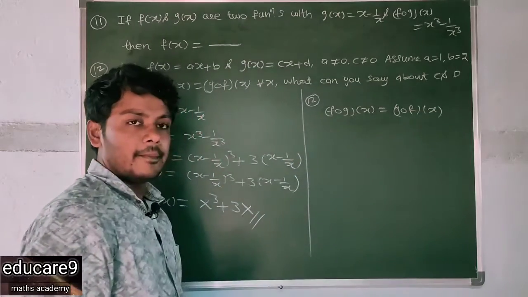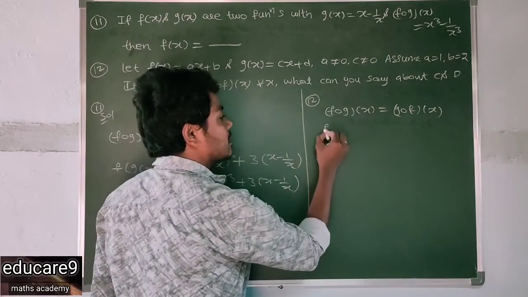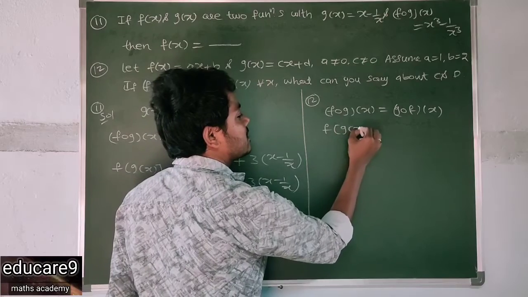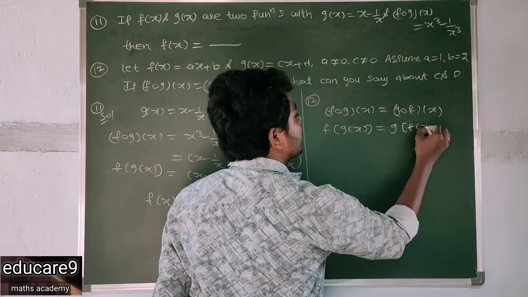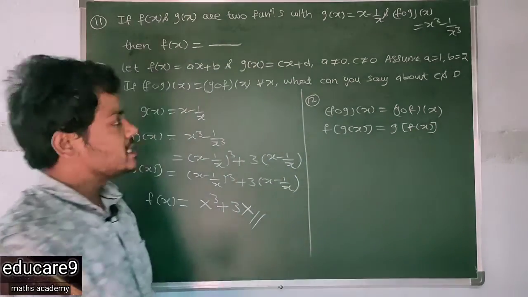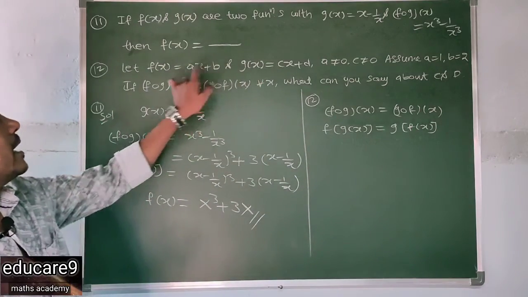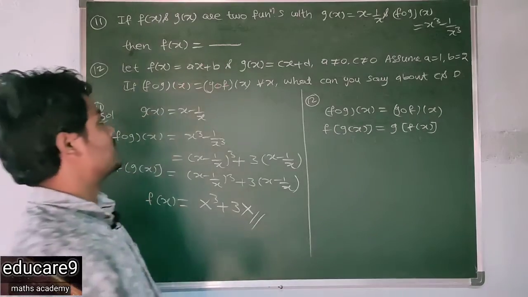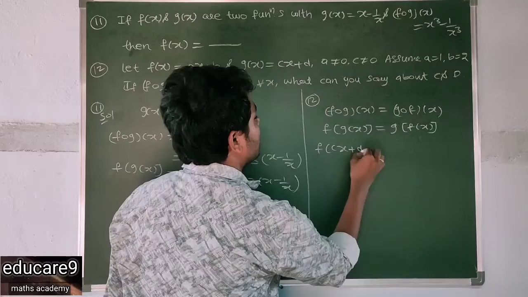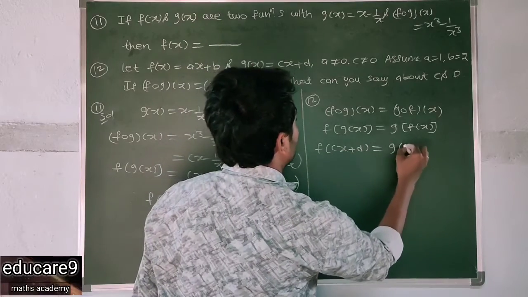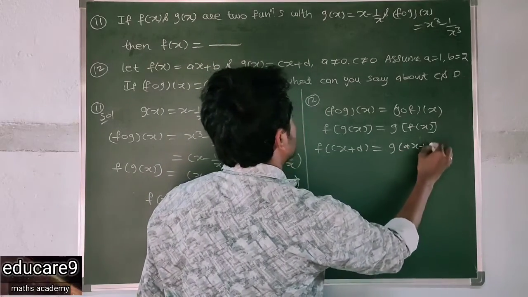Now this can be written as f of g of x is equal to g of f of x. So what is g of x value? cx plus d. f of x value is ax plus b. So that is f of cx plus d is equal to g of ax plus b.